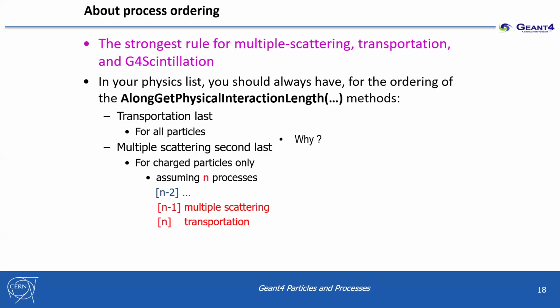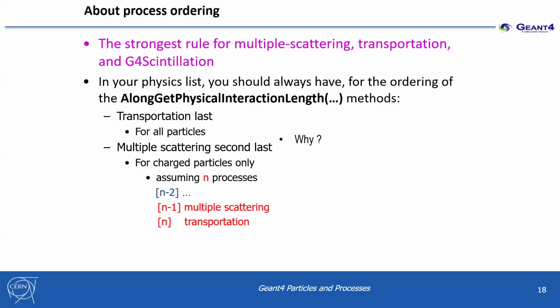For charged particles, you get AlongStep physics interaction lengths in some order, where the last is transportation and the second before the last is multiple scattering.